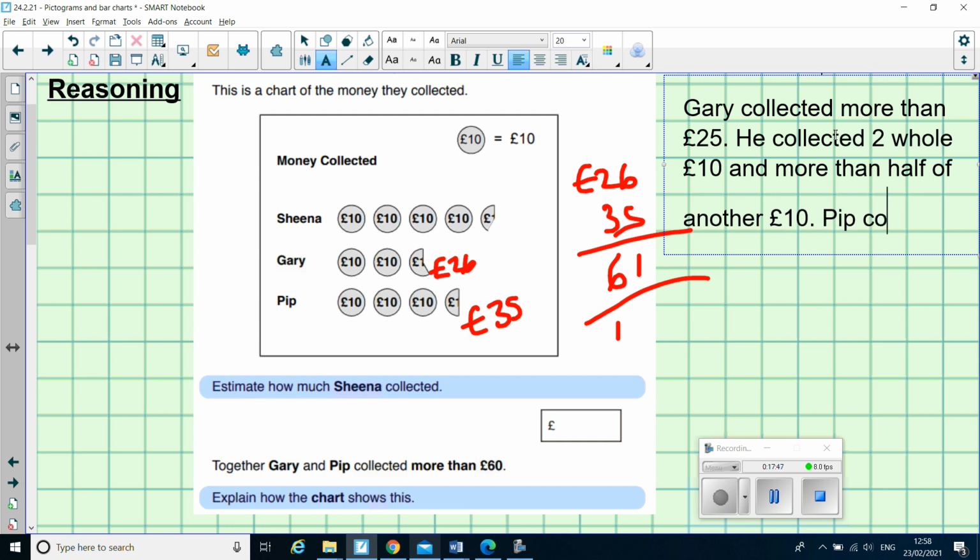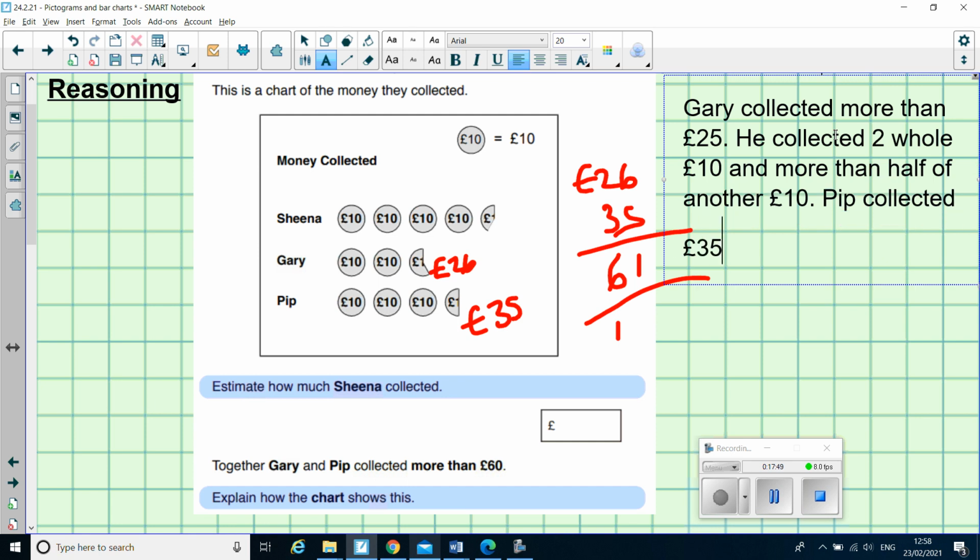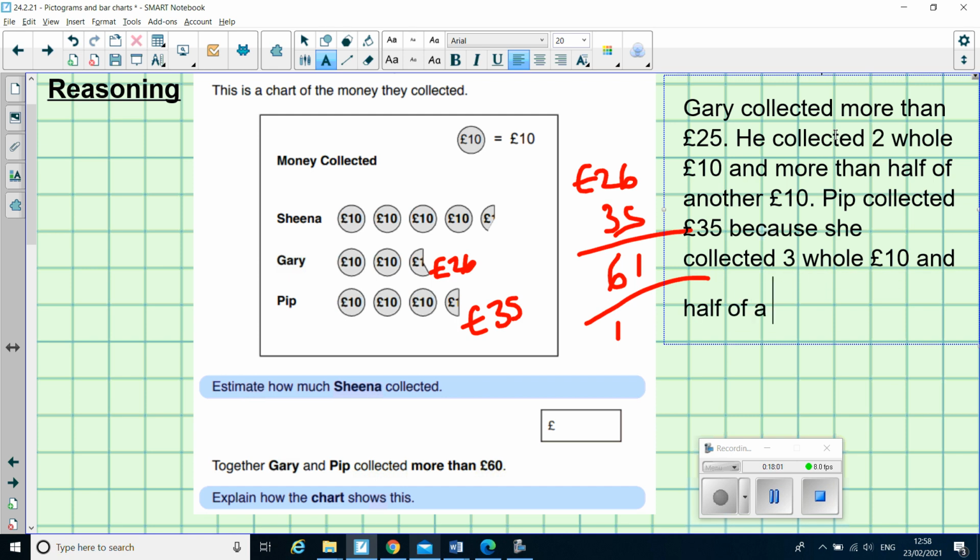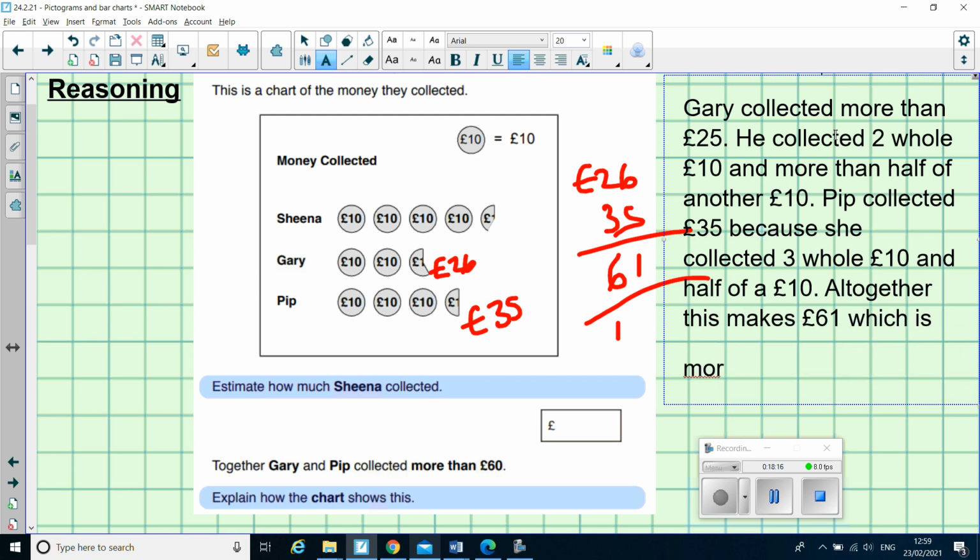Pip collected £35 because she collected 3 whole £10 and half of a £10. Altogether, this makes £61, which is more than £60. So again, I've got that nice detailed explanation showing my calculation and showing how I worked out the answer there.